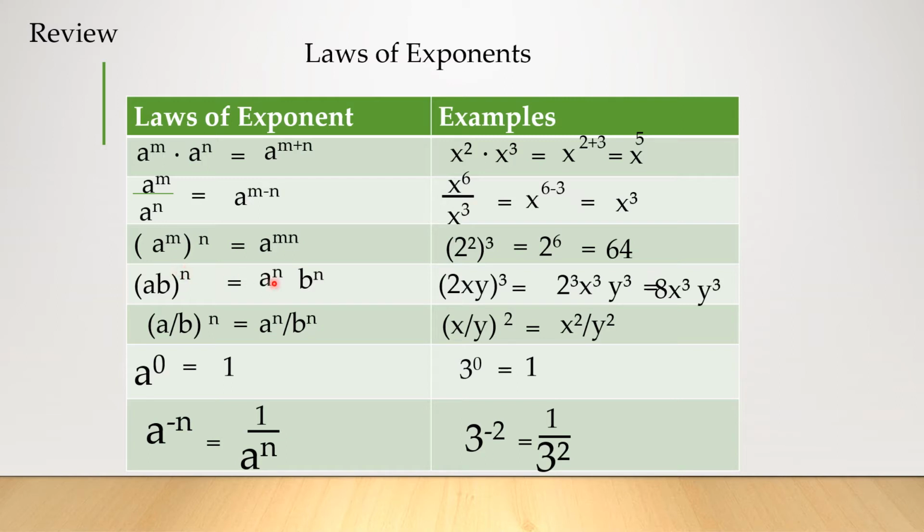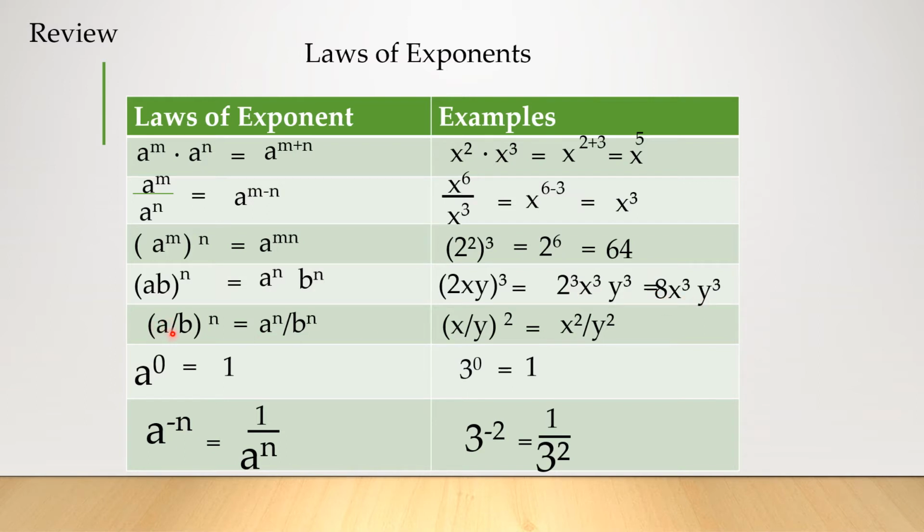So 1 times n is n, and 1 times n for b is also n. This is the example: 2 raised to 3, x raised to 3, and y raised to the third power. If you simplify 2 raised to the third power, that is equal to 8. Then x cubed, y cubed.